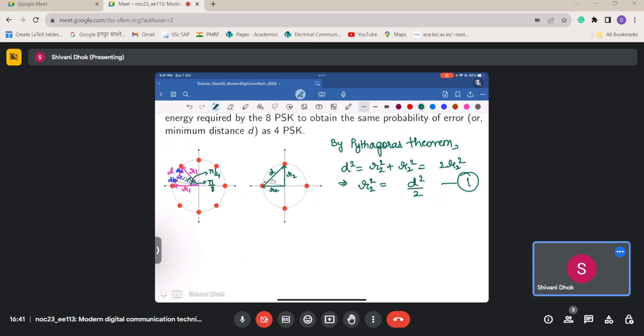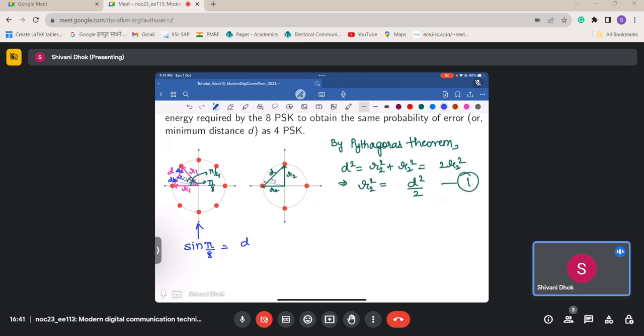This we know by our basic maths. So in this figure, if we consider sine pi by 8, that will be equal to opposite upon hypotenuse, that is D by 2 upon R1.